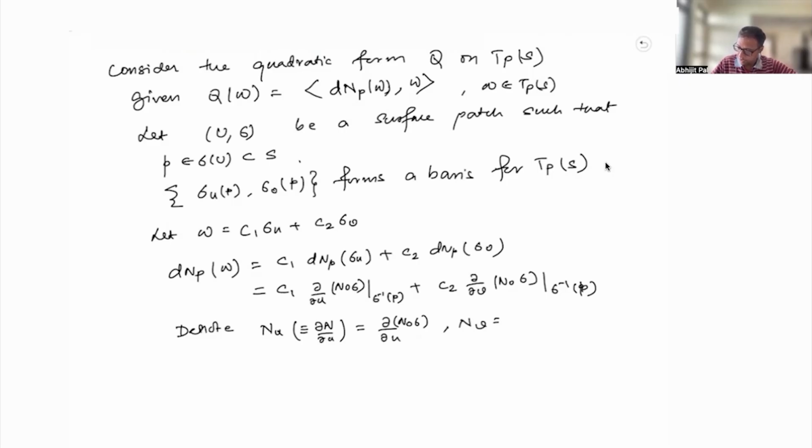And NV is del del V of N composed with sigma. Okay.